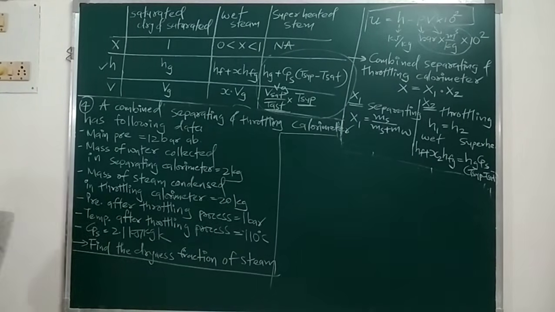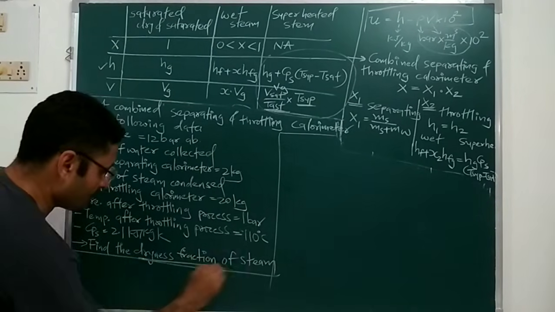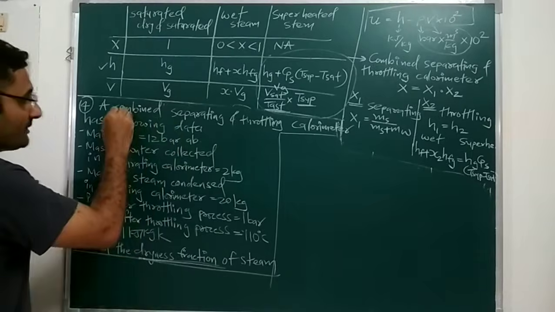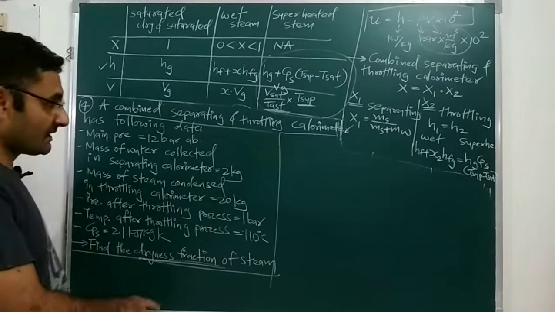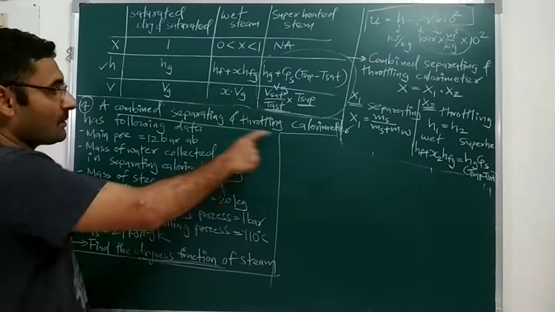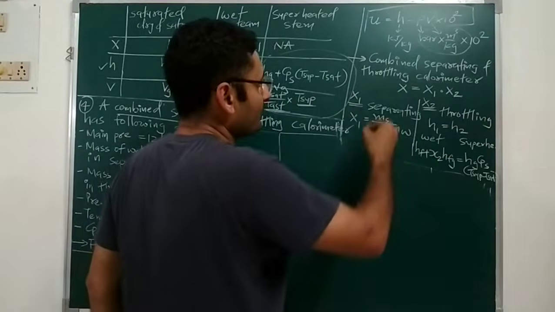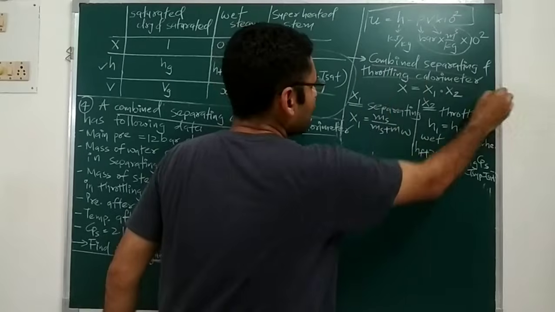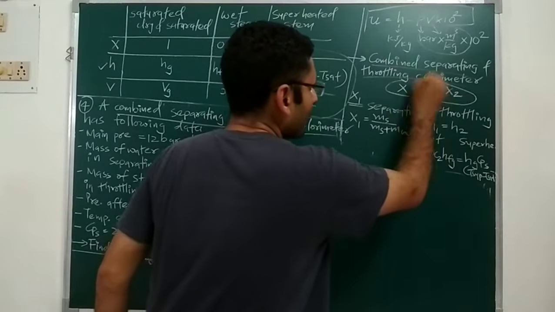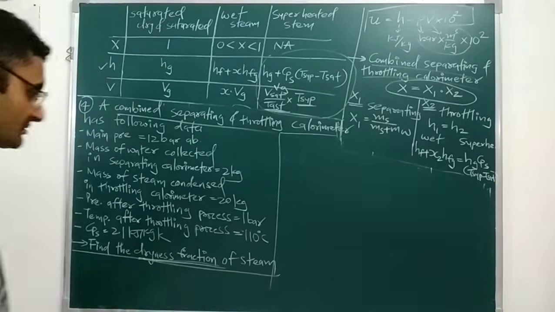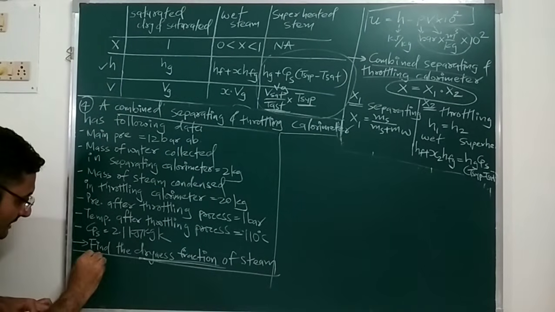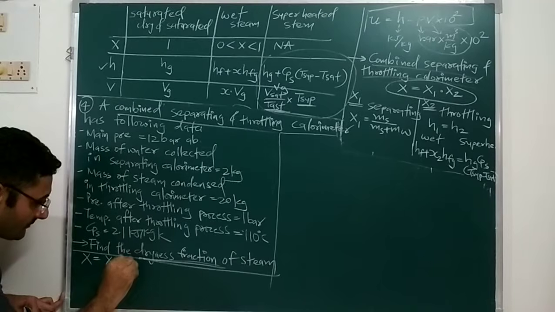Now how will we solve this? First of all, you have to find out the dryness fraction value of this steam with the help of the combined separating and throttling calorimeter. So with the help of the combined separating and throttling calorimeter, if you want to find the dryness fraction value, it will be x equals x1 into x2. So over here I will write x equals x1 into x2.